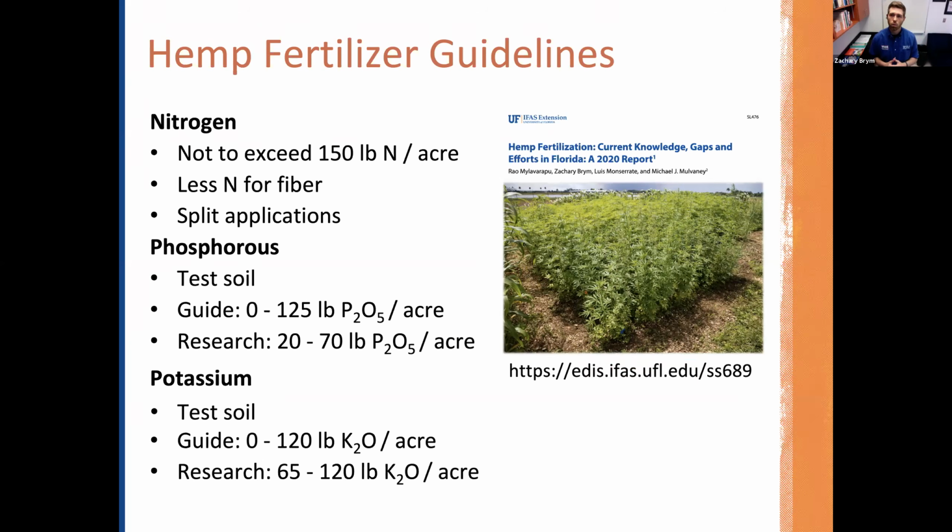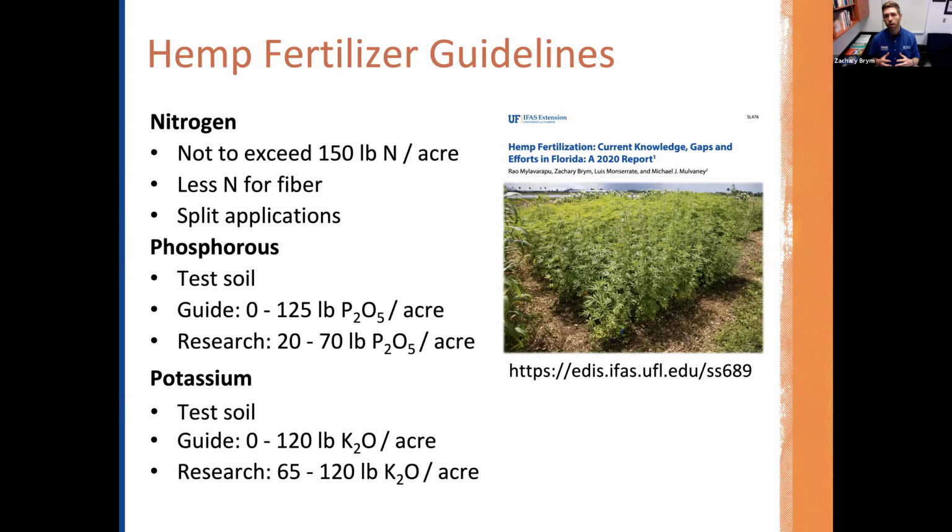What we did was a broad literature search of hemp nutrient research historically, and we also reached out to folks in other state analytical soils labs to see what their recommendations were in those states and how that might inform our approach to Florida.